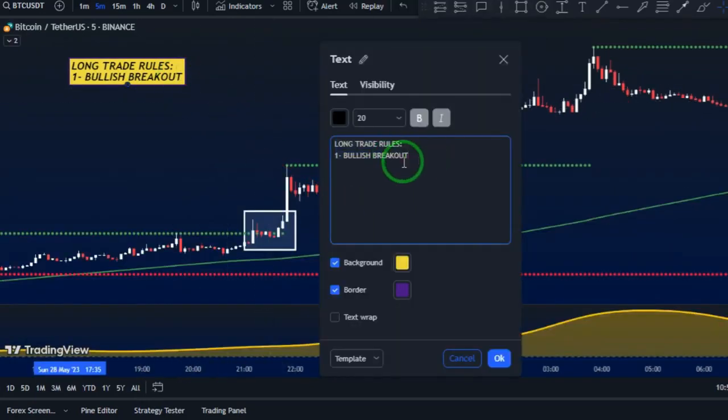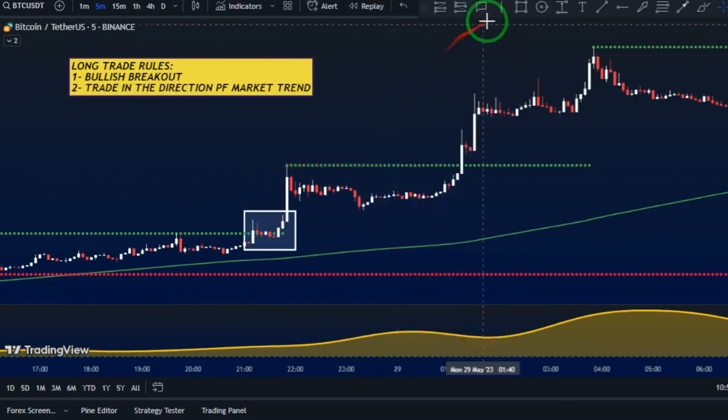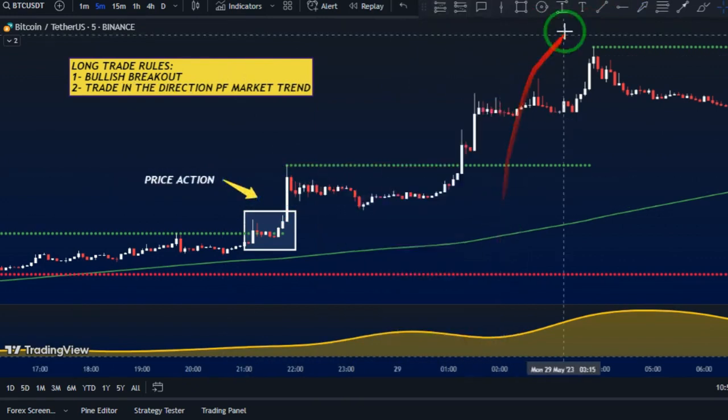Next, our trade must be in the direction of the overall trend, so the CMA indicator must be green with price action above the moving average line.